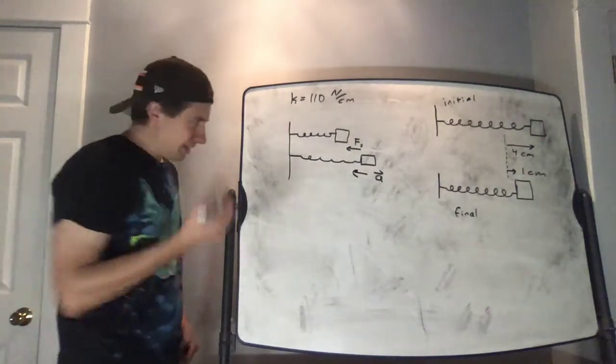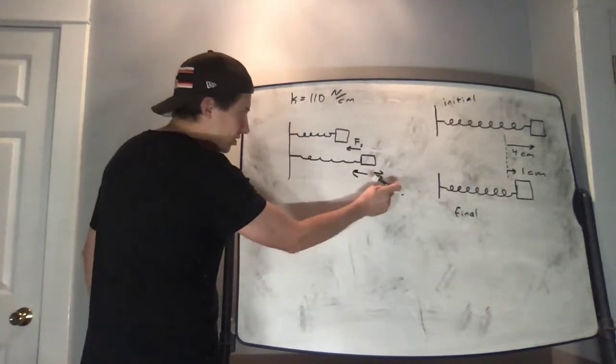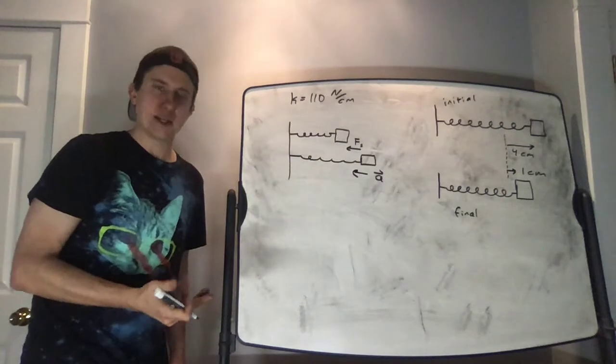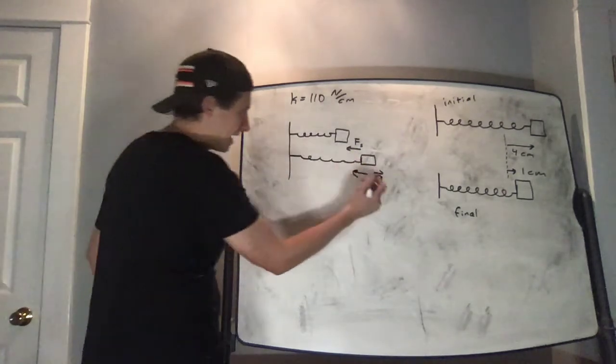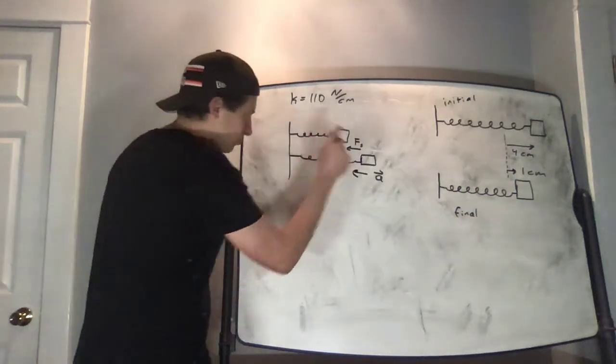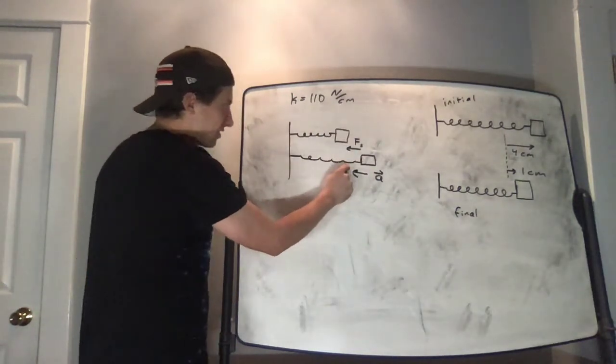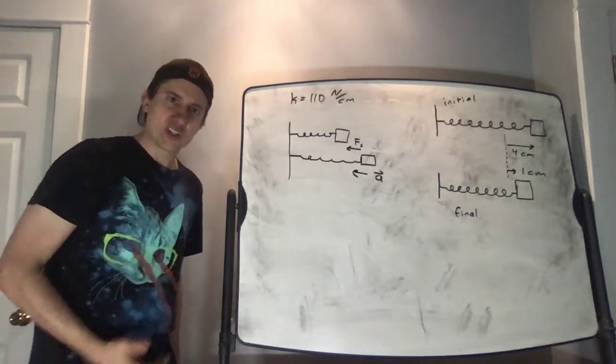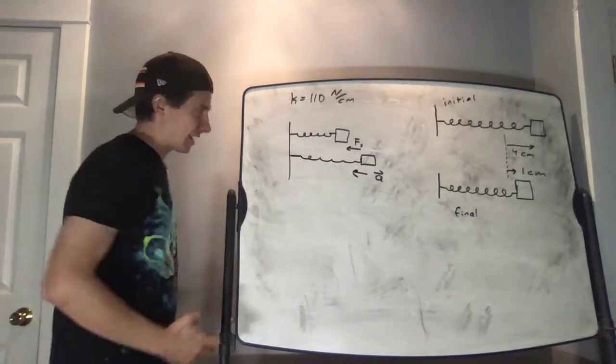The object is going to go from not moving to moving with some speed. In other words, the object will gain kinetic energy as it accelerates to the left. When the spring force was the only force acting on the object, the spring force caused the object to gain kinetic energy.